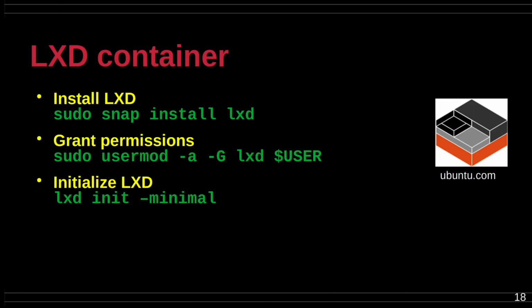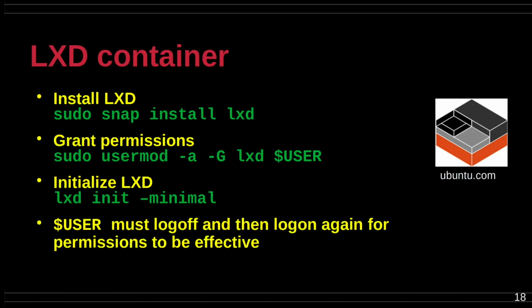Then, grant permissions to the user to use LXD. Then, initialize LXD. Finally, the most important step, based on personal experience, the user added to the LXD group must log off and then log on again for the access privilege to be effective.